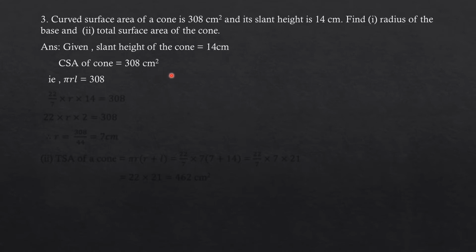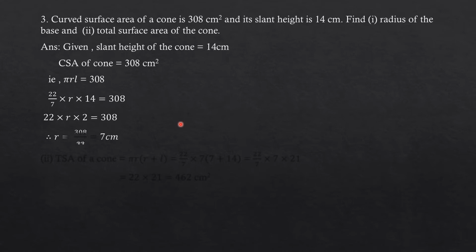Substituting the formula, we can say pi r l is equal to 308. Therefore, we can write 22 by 7 into r into 14 is equal to 308, which is 22 into r into 2 equal to 308, and therefore r is equal to 308 by 44, which is equal to 7 centimeter.